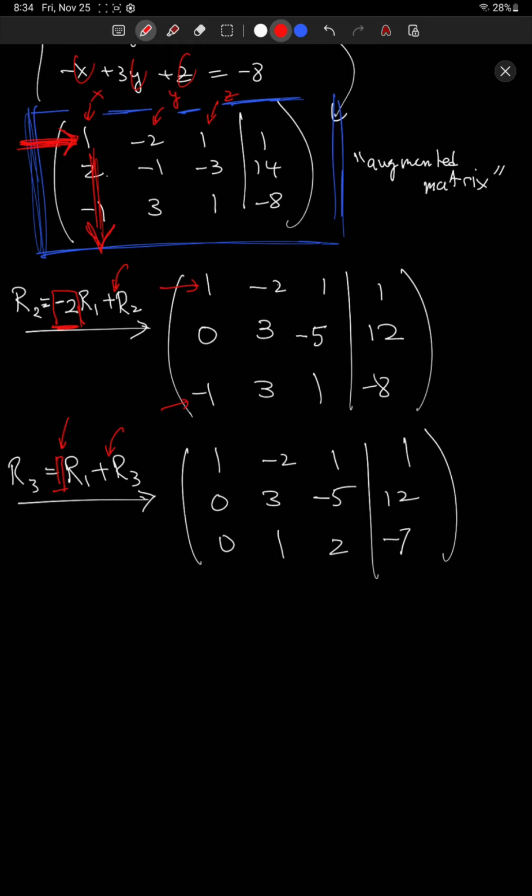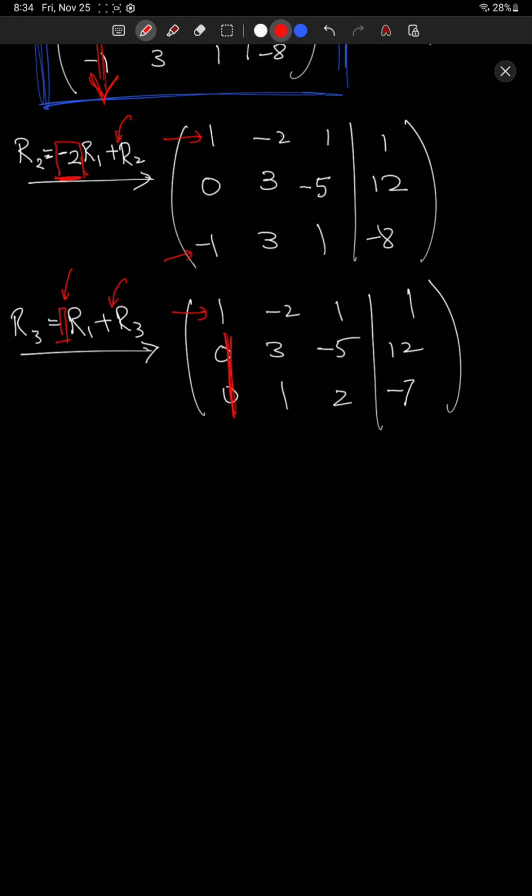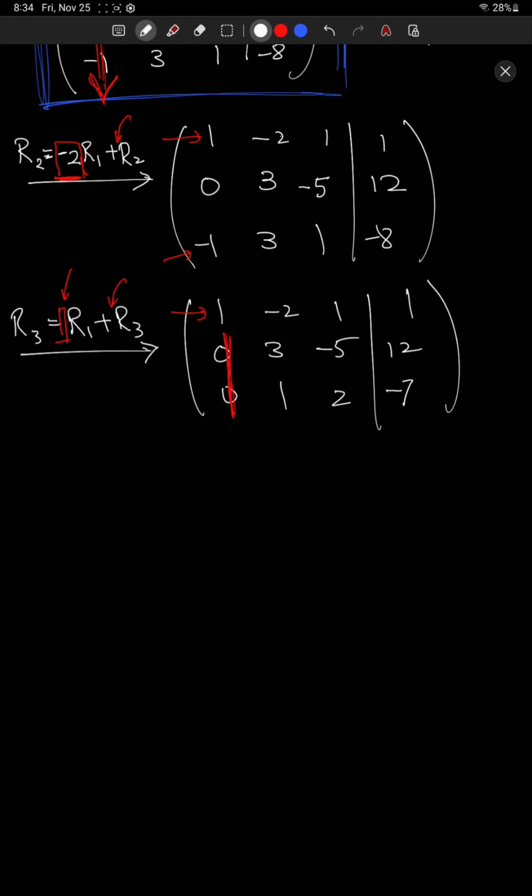Now we're done with the usage of row 1 because everything under it is 0, which represents the fact that there is no x term in the equations 2 and 3, or at least in the new equations 2 and 3. Next, we need to use row 2, or equation 2, to clear everything underneath it.